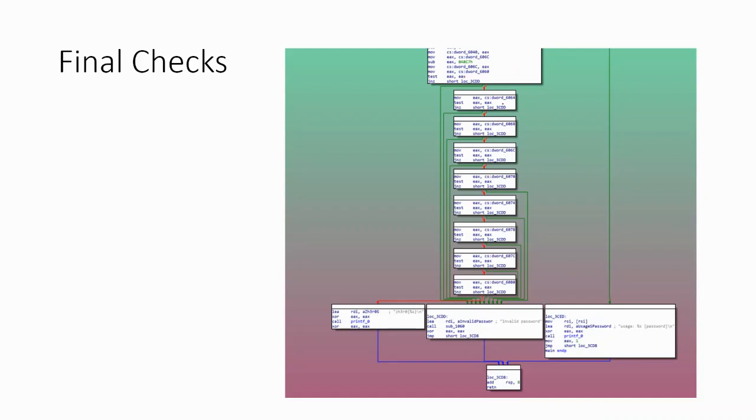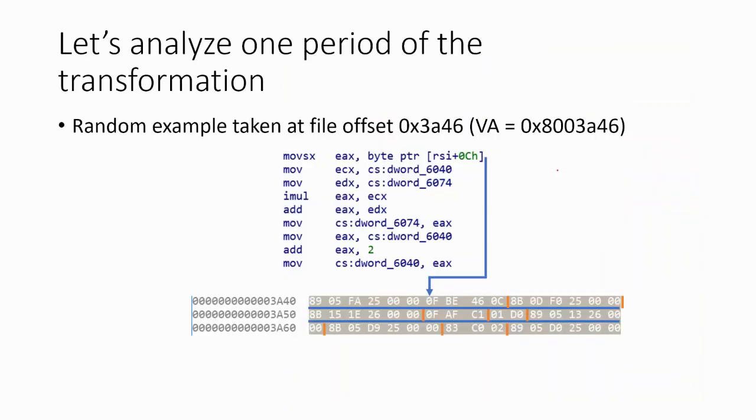We can see that it takes all of these values at the various offsets, and then checks them to see if they're 0. If they are 0, then we continue. Otherwise, we take this branch with the jump if not zero to invalid password. So our goal is to get every one of these values to be 0.